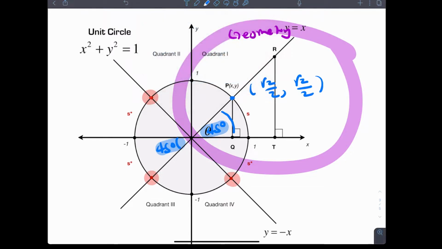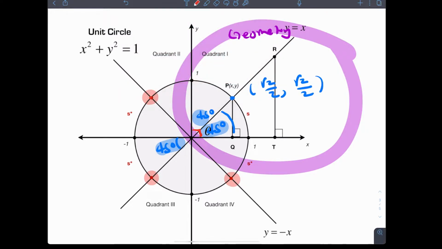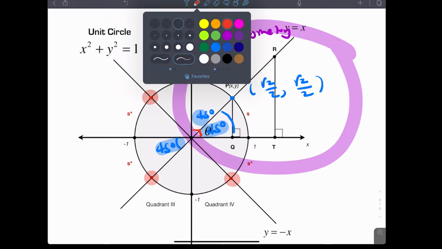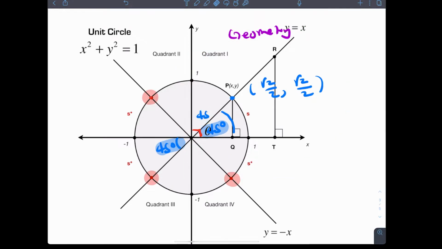I even know what this angle is. That's also 45. You might say, why? Why is that also 45? Yep, complementary angles, 90 minus 45. Absolutely. And so, in fact, this is 45 everywhere. Is that right? Okay, just kind of checking to see what you guys are thinking.